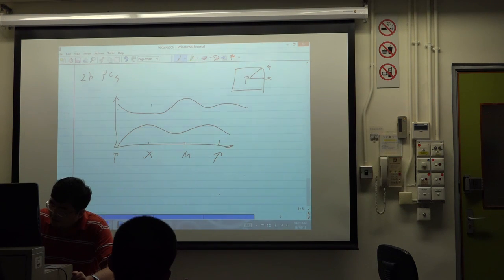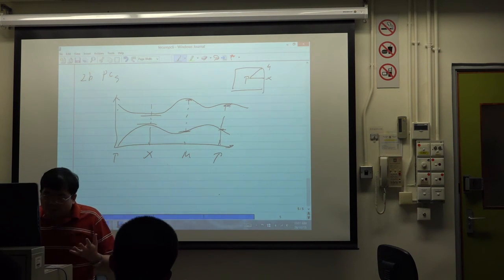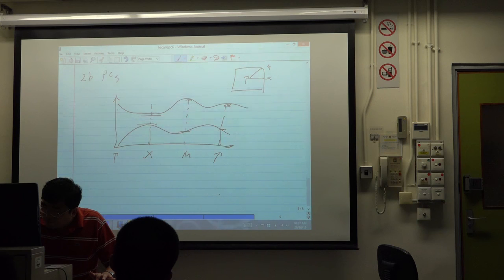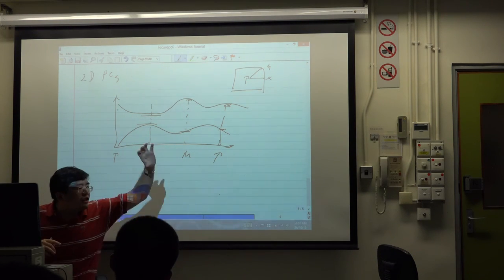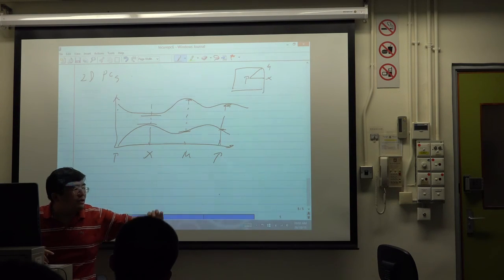Because at different k, here this is a band gap, and here the band gap is around here, and here the band gap is here. So the difficulty for 2D photonic crystal is that in different directions the band gap locations shift. They are not the same.